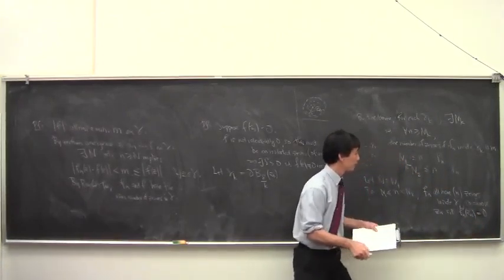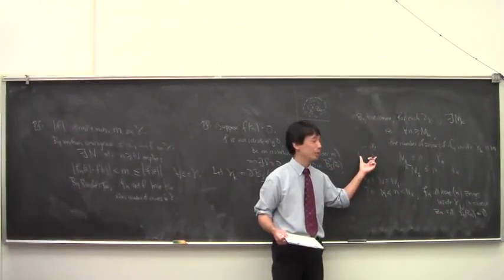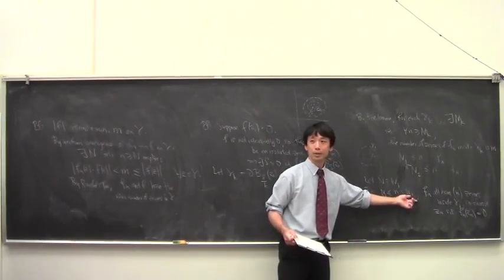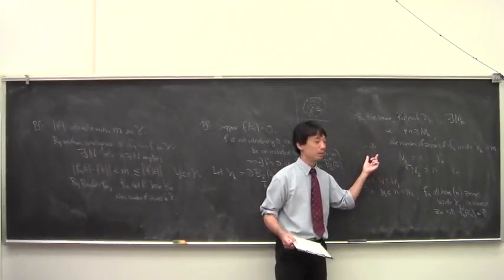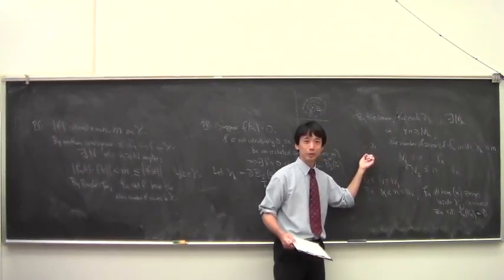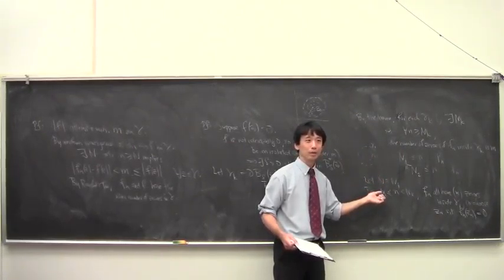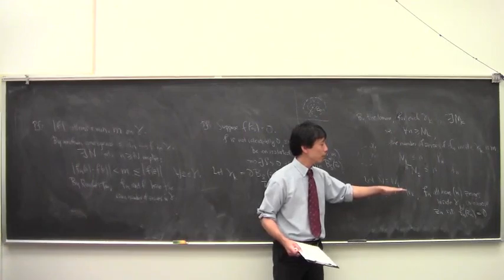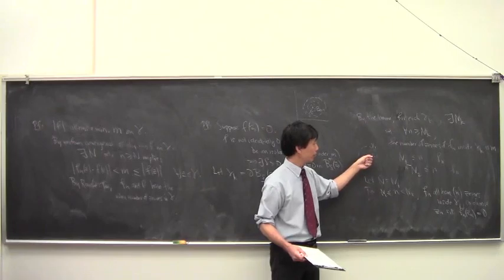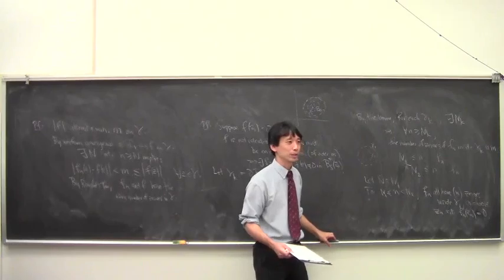So choose z sub n that lie in the gamma 1 ball, and then once your n crosses n2, you choose your z's to lie inside the gamma 2 ball. Once you cross n3, you choose your zeros to lie inside the gamma 3 ball, and so on and so forth. And so you end up with a sequence of zeros that end up in successively smaller balls, and so that's the construction.